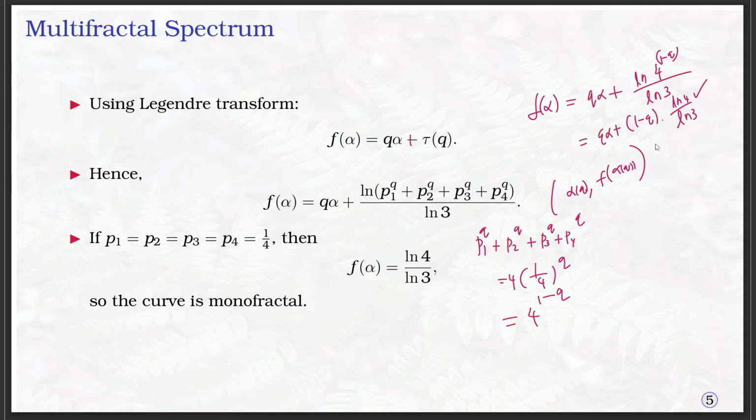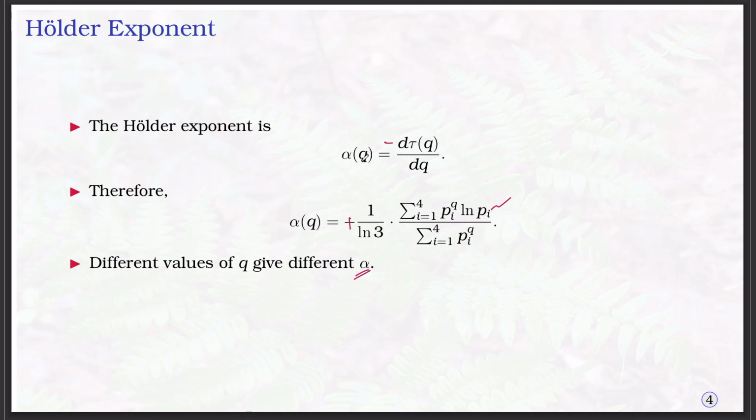So here the tau q is 1 minus q ln 4 by ln 3, because we are getting the alpha q as the derivative of minus this one.